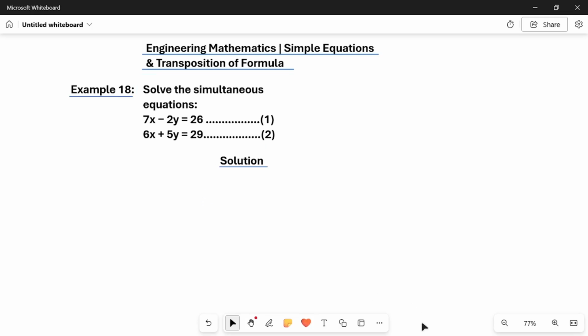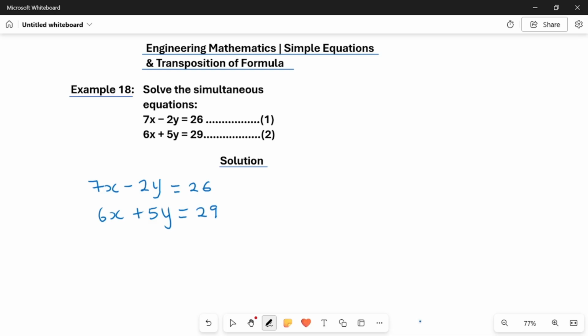Firstly, let's write down the question. 7x minus 2y equals to 26, and we have that 6x plus 5y equals to 29.